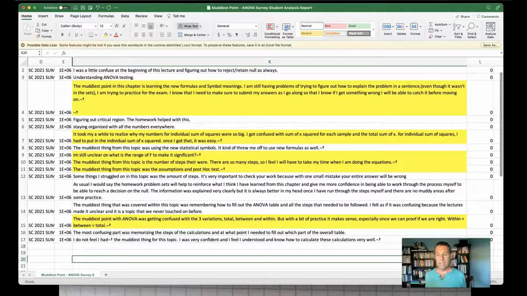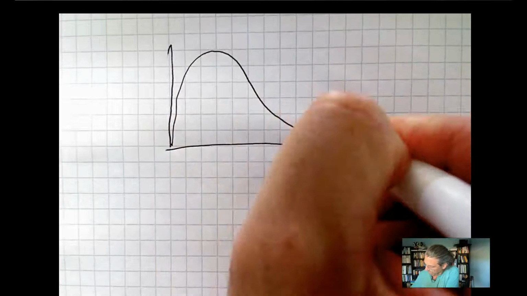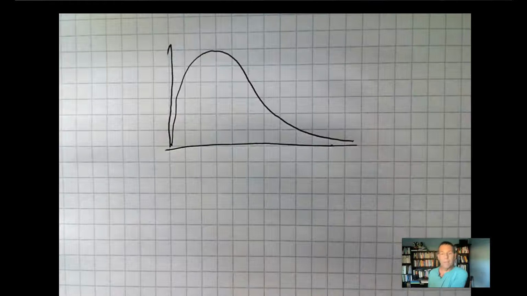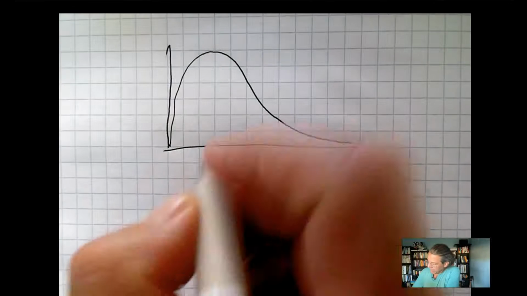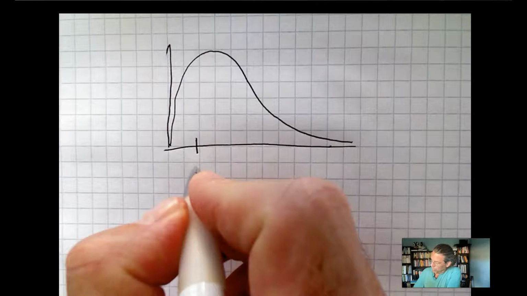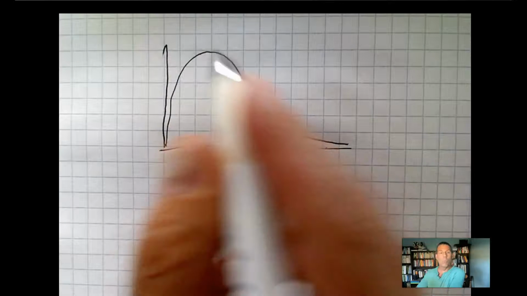a positively skewed distribution. So if I draw it, our F ratio looks roughly like this. I never get that right, okay? And that's because F ratios where there's no treatment effect tend to center around 1.